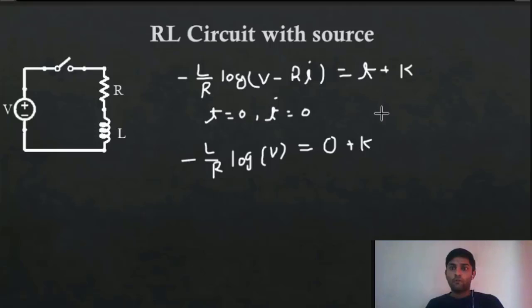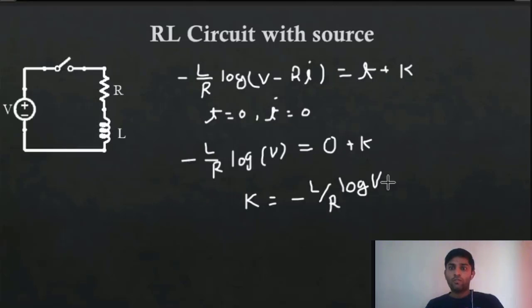So you have got the value of K. The value of K is minus L by R log of V. So this is the value of your constant.